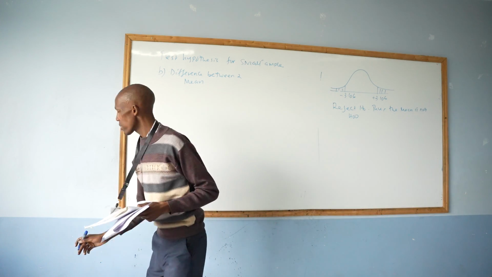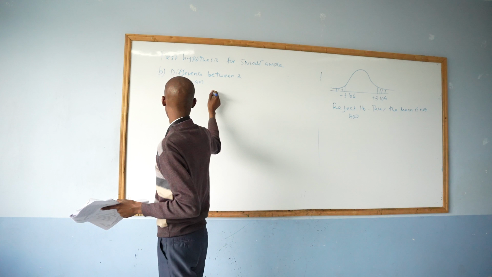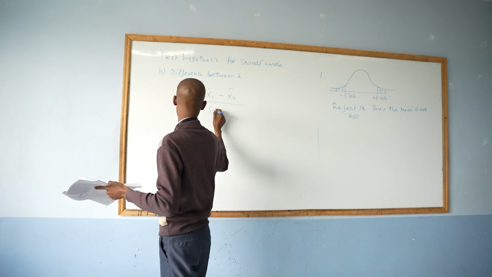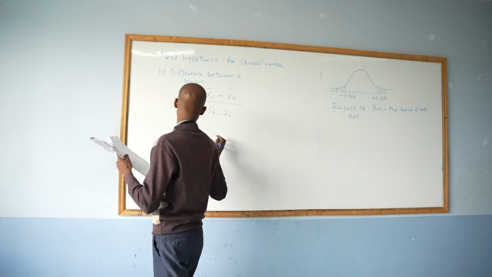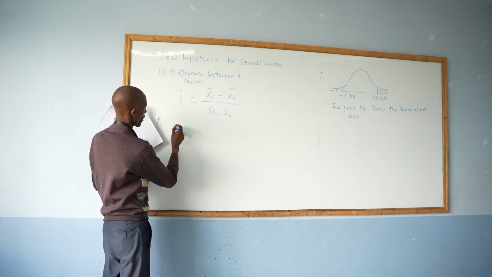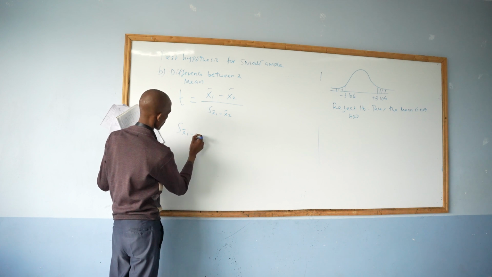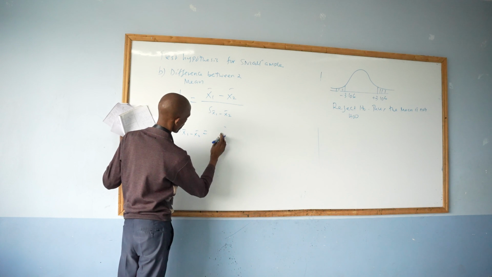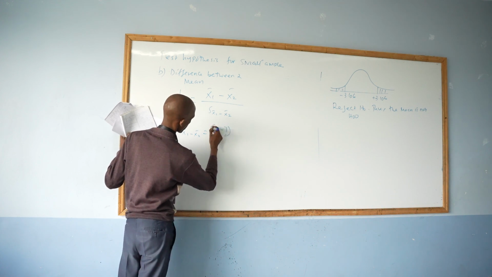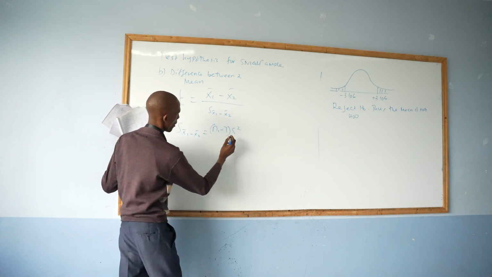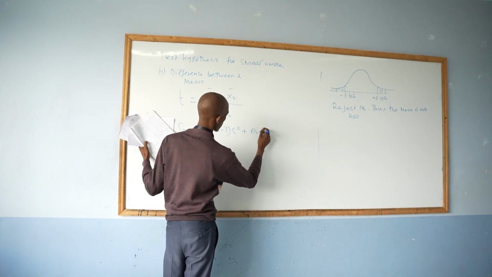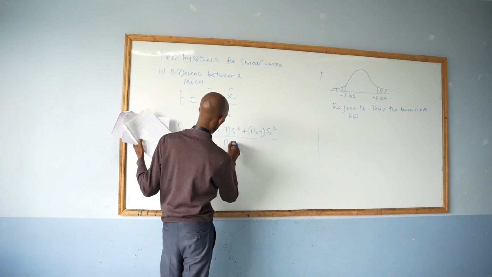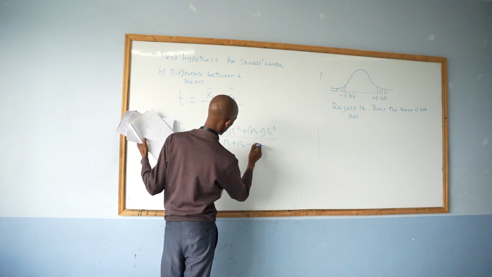So here we see the same formula, T is the difference in means divided by the standard error of the mean. That standard error is given as n1 minus 1, s1 squared, plus n2 minus 1, s2 squared, divided by n1 plus n2 minus 2.